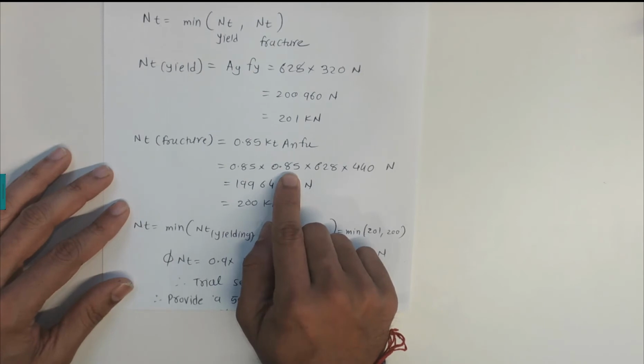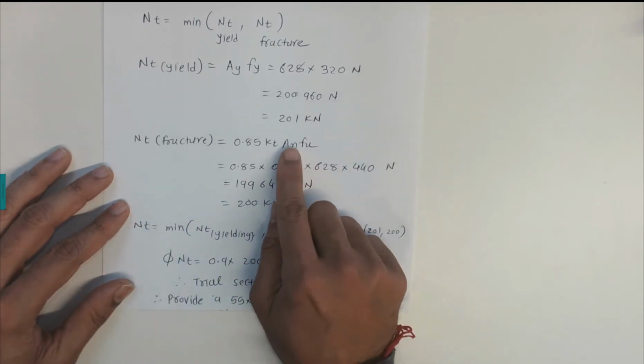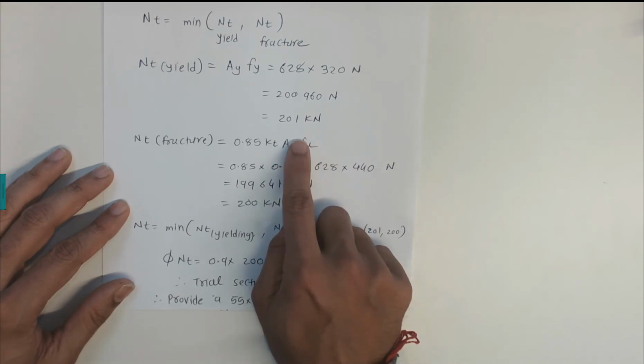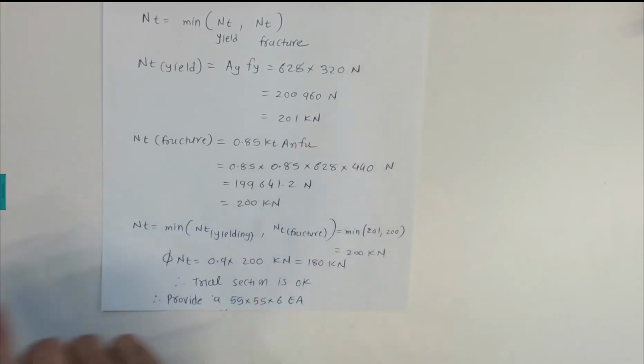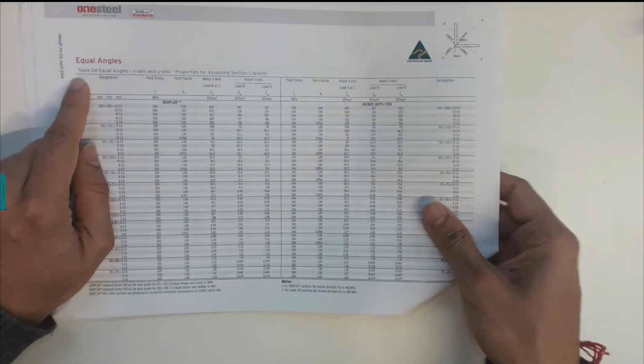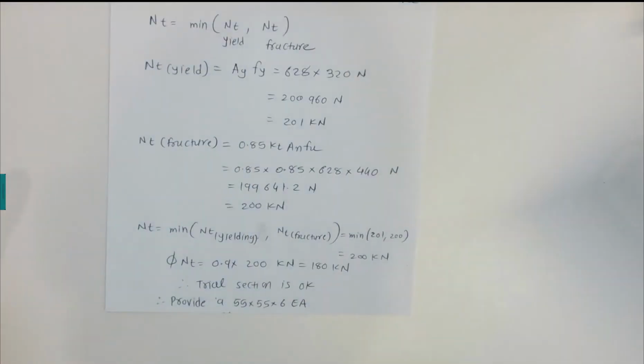Net area is gross area. We don't have any holes, so we can take An equal to the gross area of 628. Fu is 440, on page number 22 for equal angles, where the tensile strength is given as 440 megapascals.